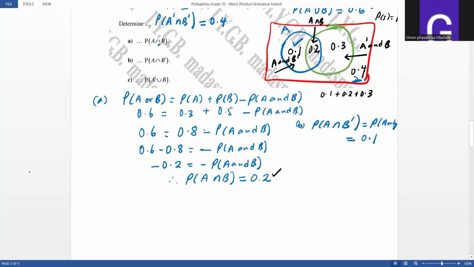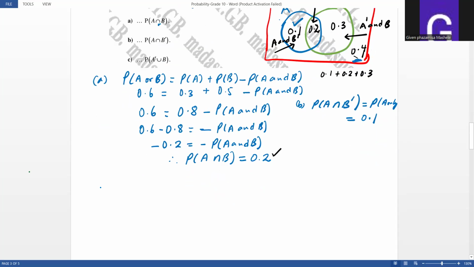Now, for part C, we are given not A or B. You see, now they're talking about "or", which means it's an addition rule. Let's rewrite the addition rule here because it's "or".